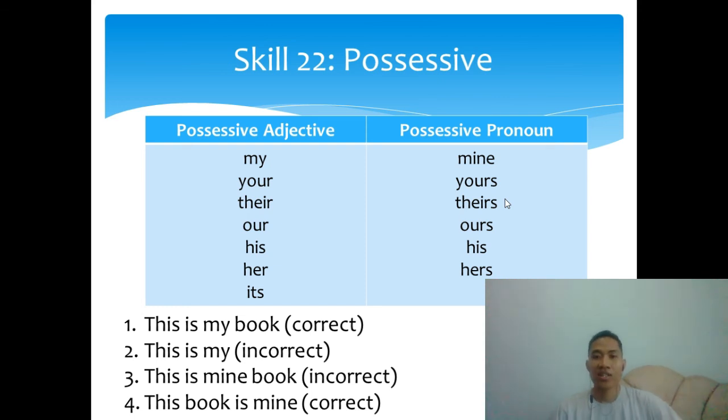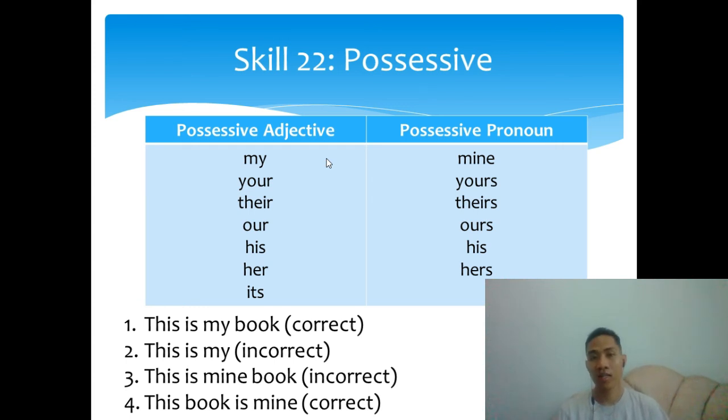So what you need to remember, if you look at the real test later on, is that possessive adjectives must be followed by a noun. For example, we need to say my book, your book, their book, our book, his book, her book, its book.